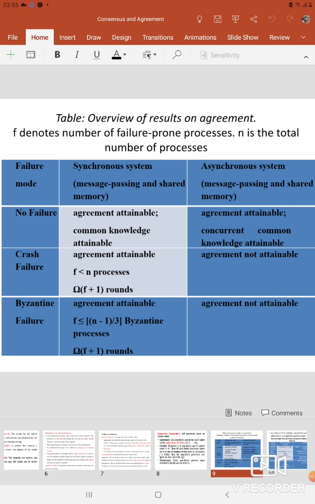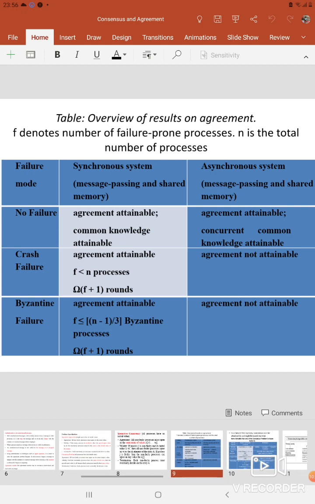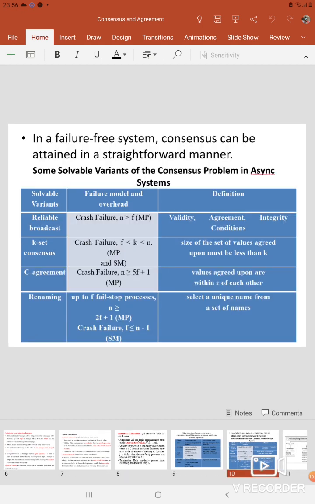The third failure mode is Byzantine failure. In a synchronous system, agreement is attainable, but the value of f should be less than (n minus 1) by 3, and here also we need f plus 1 rounds. Whereas in an asynchronous system, again agreement is not attainable.